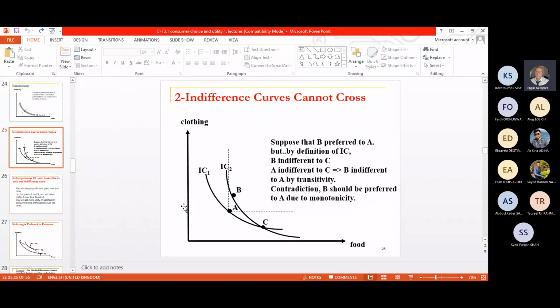B is preferred to A, isn't it? Because at B you have better clothing compared to A. If you have A, you have less clothing, and if you have B, you have better clothing.